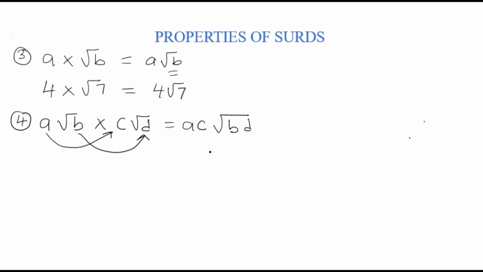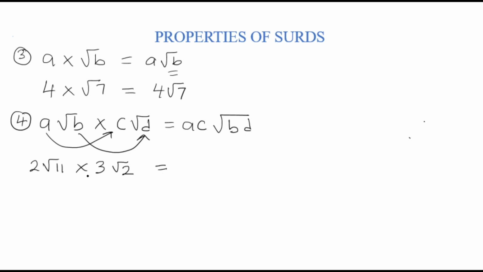This is how to multiply a root b times c root d. So let's just take one example. Example 4. 2 root 11 times 3 root 2.